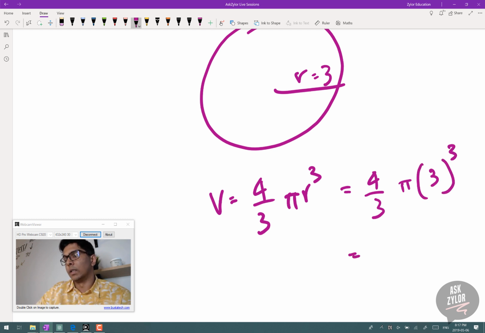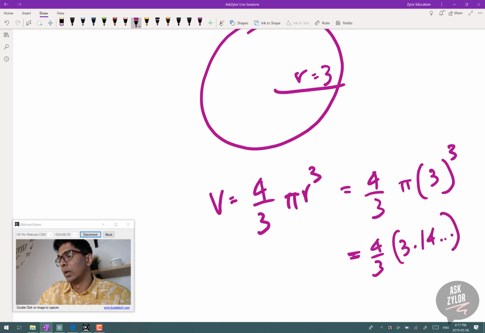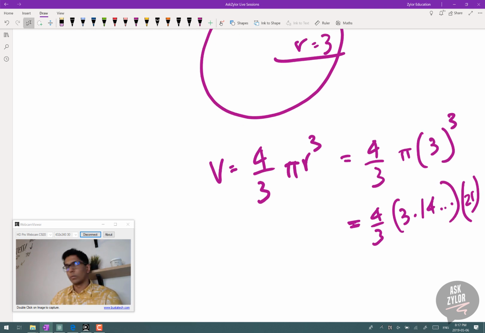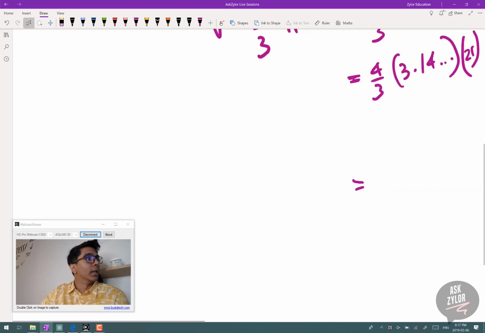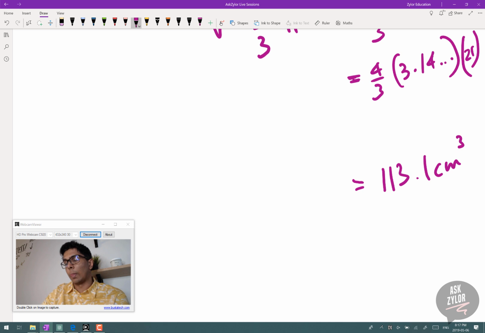So if I plug that into my calculator, I get 4 over 3. My pi is 3.14. And then 3 cubed is going to be 27. So then I end up getting 113.1 centimeters cubed.